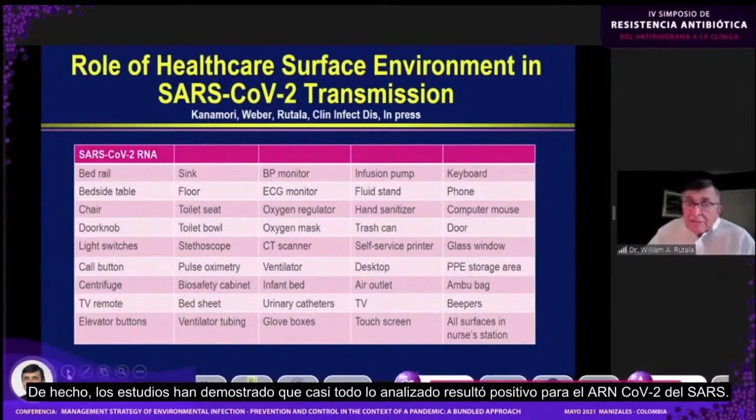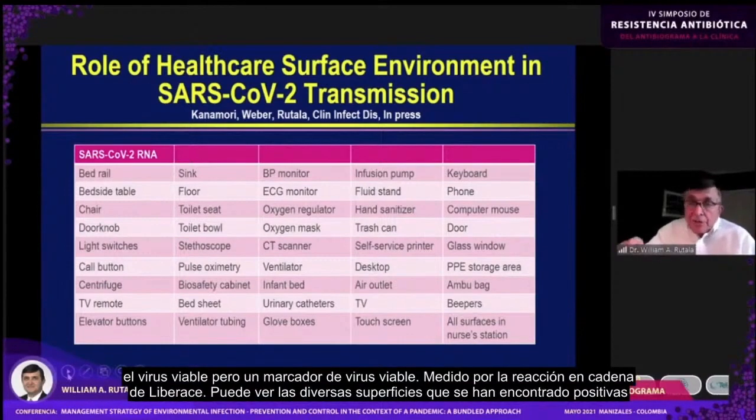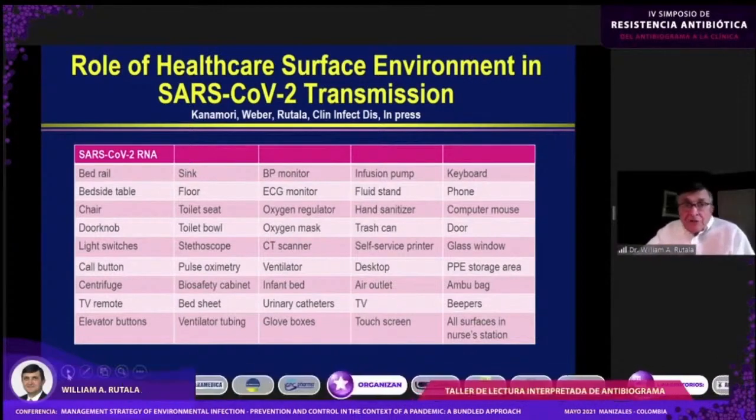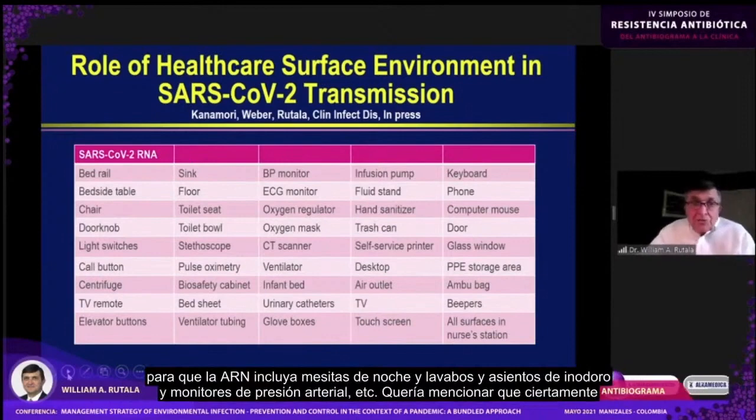In fact, studies have shown that nearly everything tested has been found positive for the SARS-CoV-2 RNA. Again, not the viable virus, but a marker of the viable virus as measured by polymerase chain reaction. You can see the various surfaces that have been found positive for the RNA, to include bedside tables and sinks and toilet seats and blood pressure monitors and so forth.